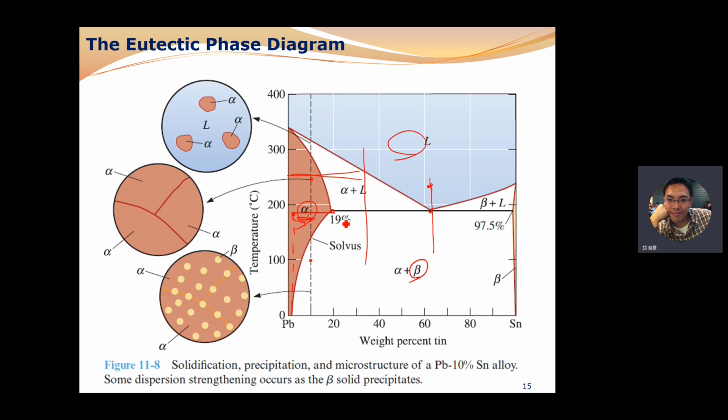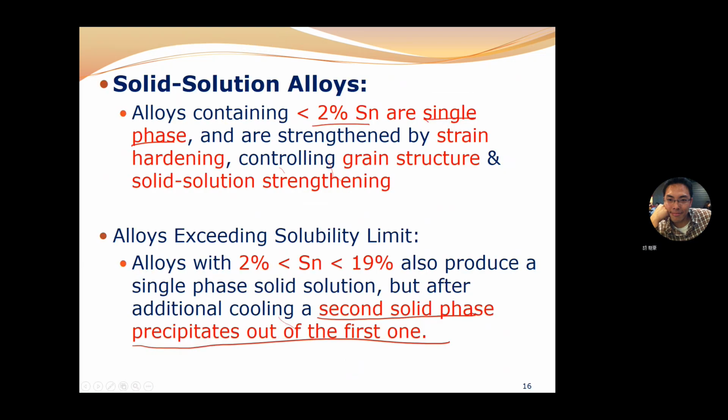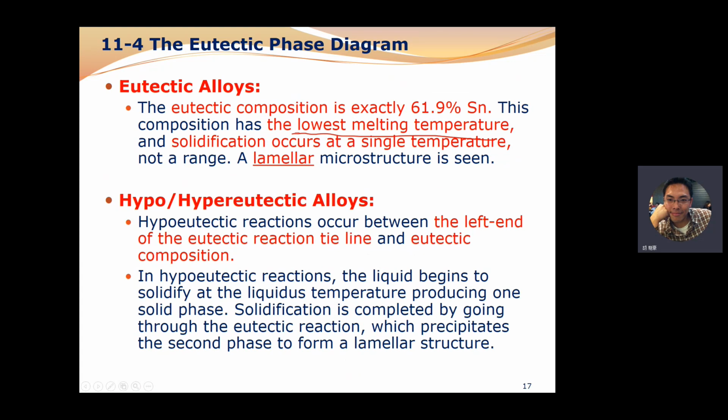However, for the eutectic reaction, the two solid phases convert to 100% liquid at about 183. It's the lowest melting temperature, it provides good dispersion strengthening, and it's a lamellar structure.